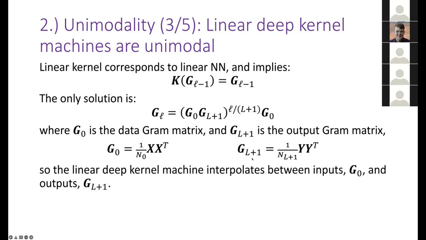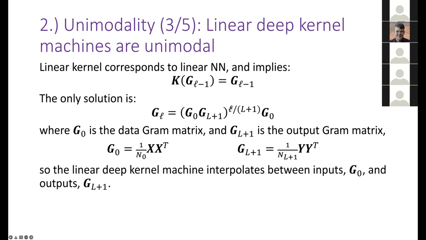G_{L+1} here is the same kind of object, but on the outputs, on those targets. If you look at this, for L equals 0, this term disappears because we have a 0 power, and so G_L is G0.